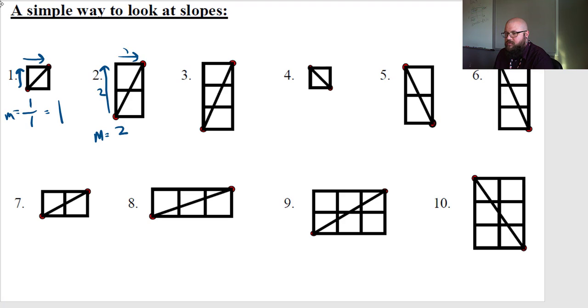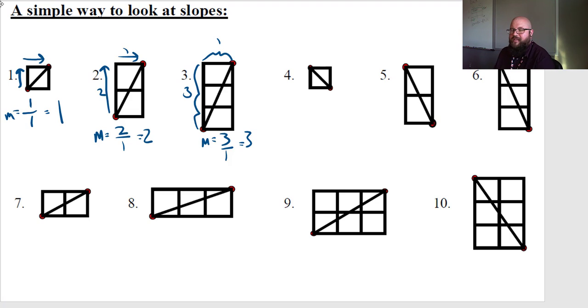So we're going 2 over 1, you can write, or you simply write just 2. Number 3, moving forward, we're going 1, 2, 3 up. We're going 1 over. So our slope in this one, you could say 3 over 1. So we went up 3 over 1. Very simple to say just 3.